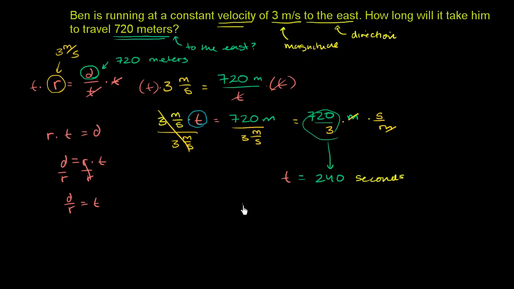If we wanted to do the exact same thing, but the vector version of it, just the notation will look a little bit different, and we want to keep track of the actual direction. So we know that velocity, and it is a vector quantity, so I put a little arrow on top, is the same thing as displacement.